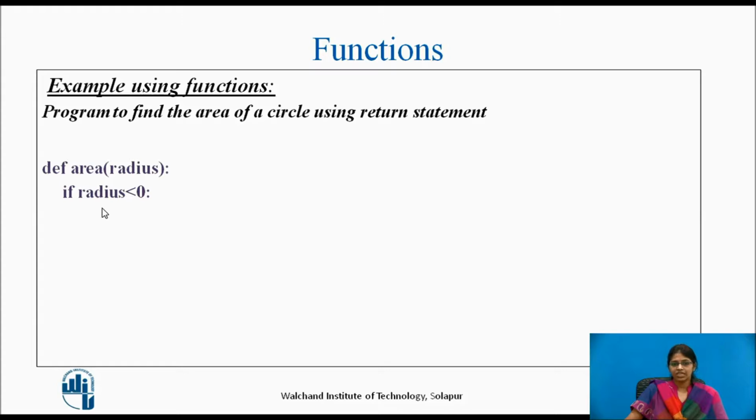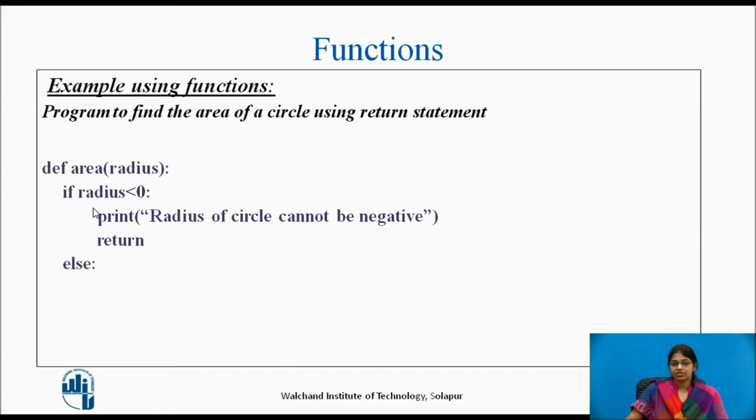After this, we are checking if the radius is lesser than 0. If the radius value is negative, then we will not be able to find a correct output. For that, we are printing the message to the user that radius of circle cannot be negative. That's why we are going for a return statement, where it will take the control out of the function.